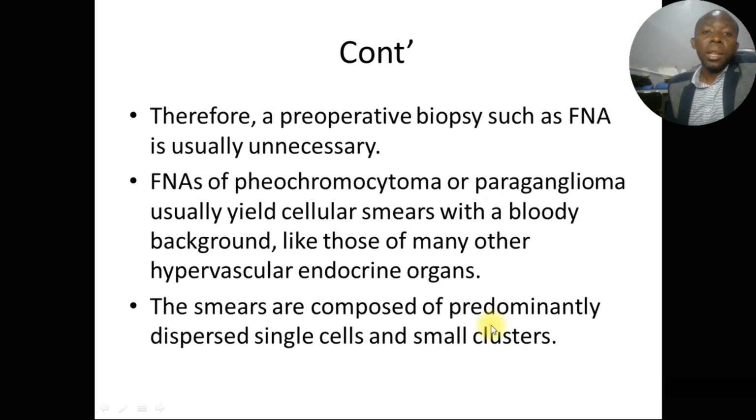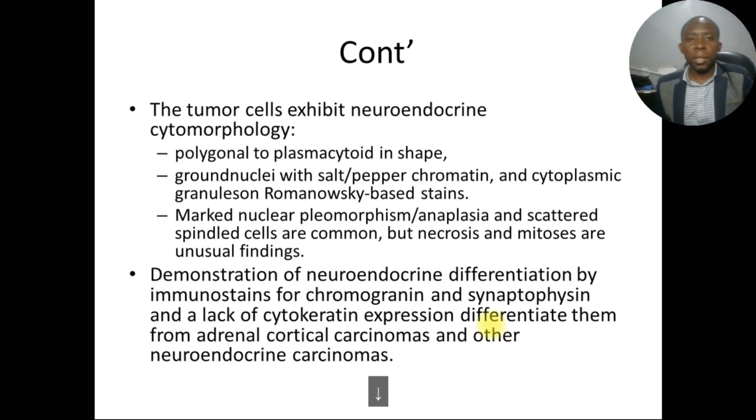So FNA of pheochromocytoma or the paraganglioma usually yields cellular smears with a blood background like those of many other hypervascular endocrine organs. The smears are composed of predominantly dispersed single cells and small clusters.